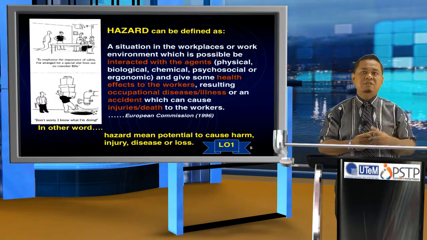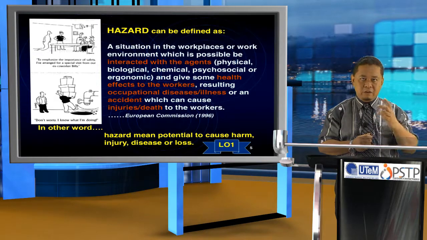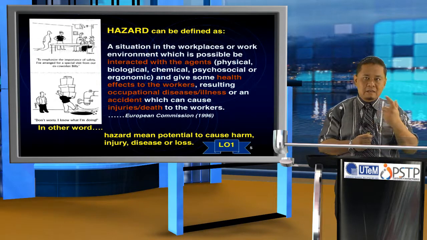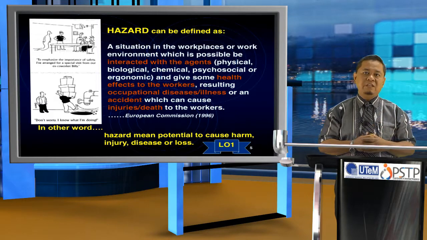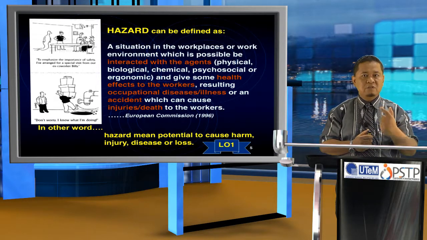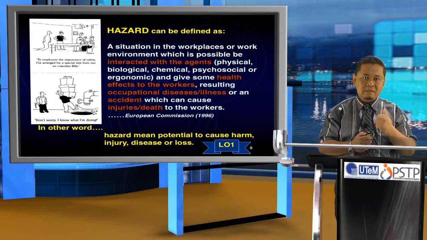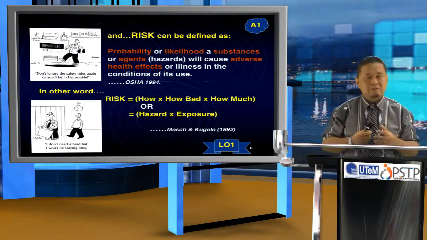And these agents can give health effects to the workers or employees, resulting in occupational diseases, illnesses, or injury, accidents that may cause fatality to the workers. In other words, hazard means potential to cause harm or injury or disease or loss to the workers or to the equipment. And what is the risk itself?